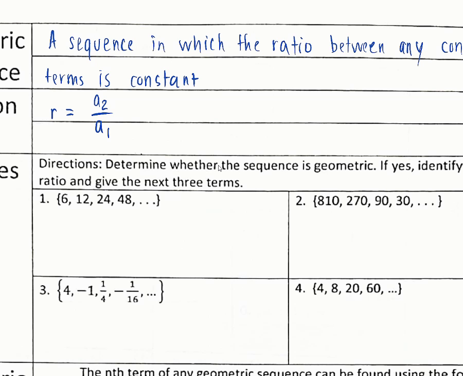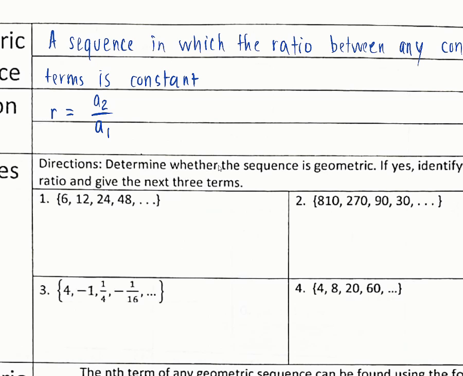Multiplying or dividing, okay? Not technically multiplying or dividing, and there's a reason, and we'll talk about that in just a second. But when we talk about geometric, we are really only talking about multiplying. When we define geometric sequences, we define it as a sequence in which the ratio between any consecutive terms is constant.